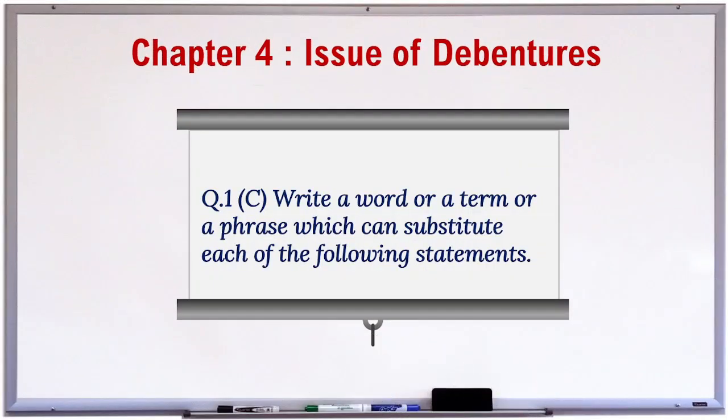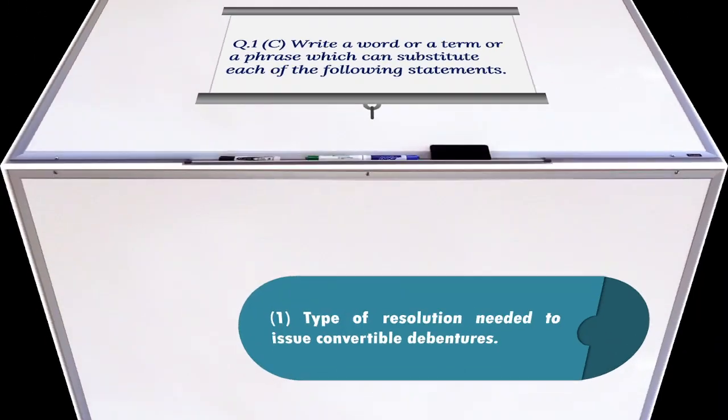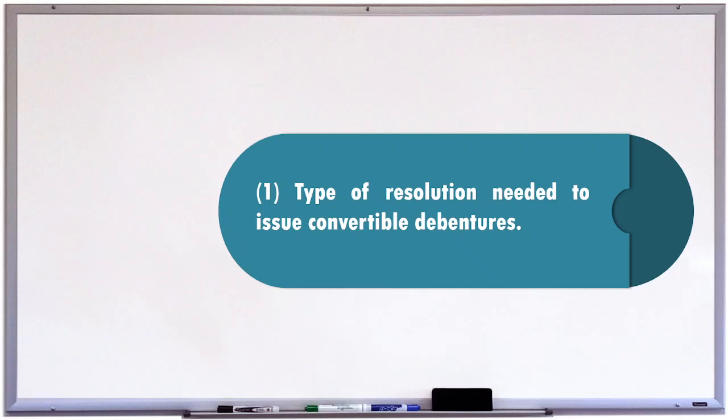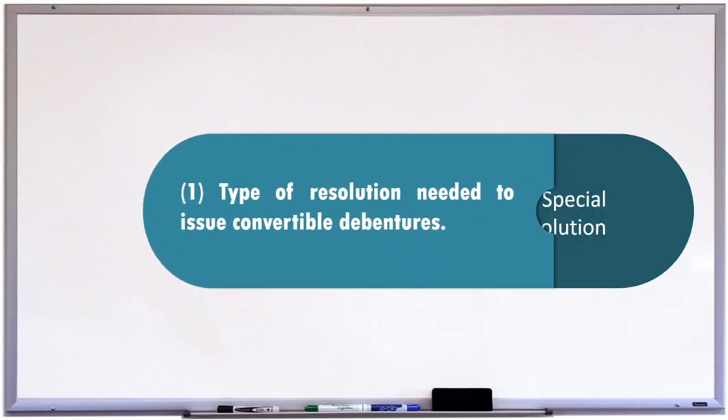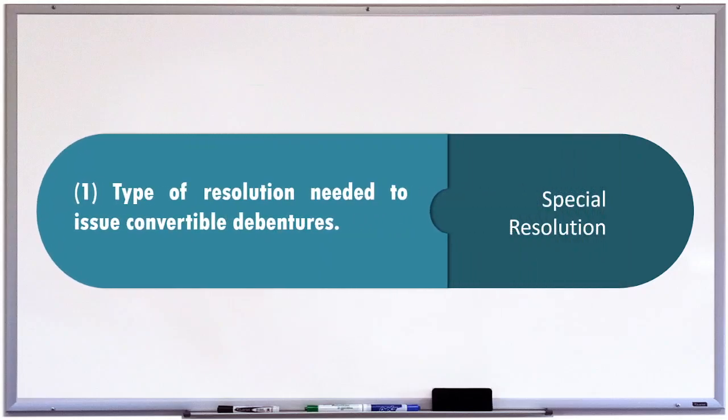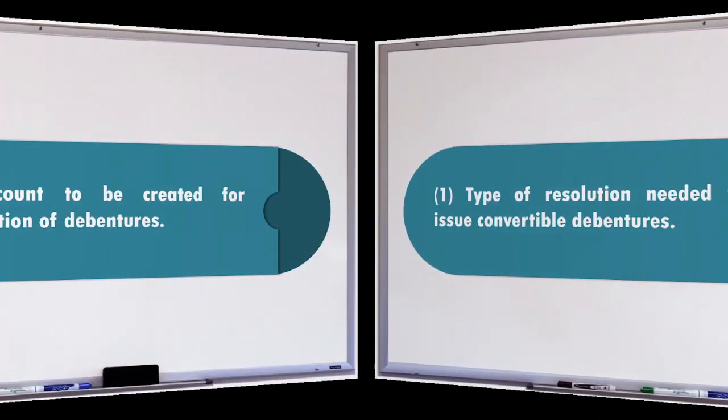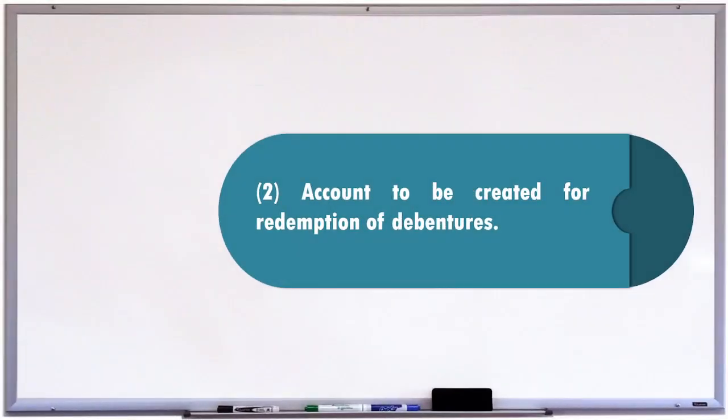Question 1. C. Write a word, or a term, or a phrase, which can substitute each of the following statements. 1. Type of resolution needed to issue convertible debentures. And the answer is special resolution. 2. Account to be created for redemption of debentures.